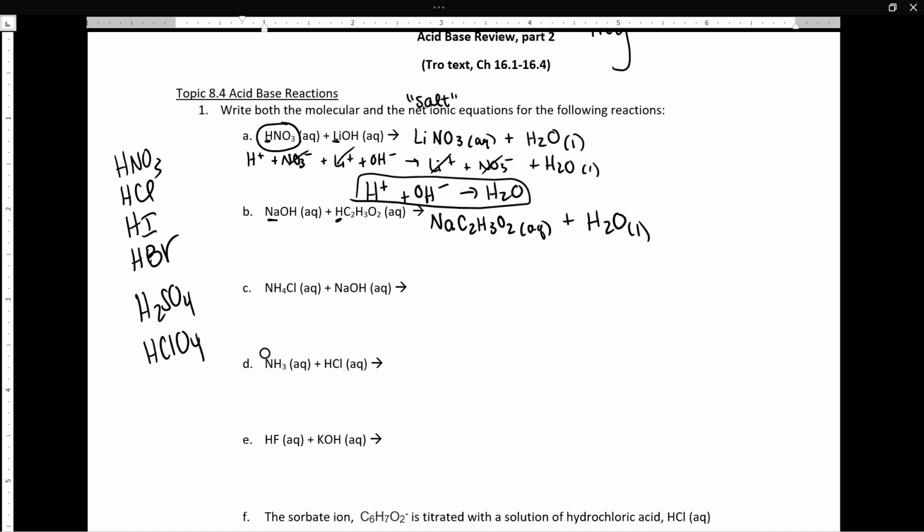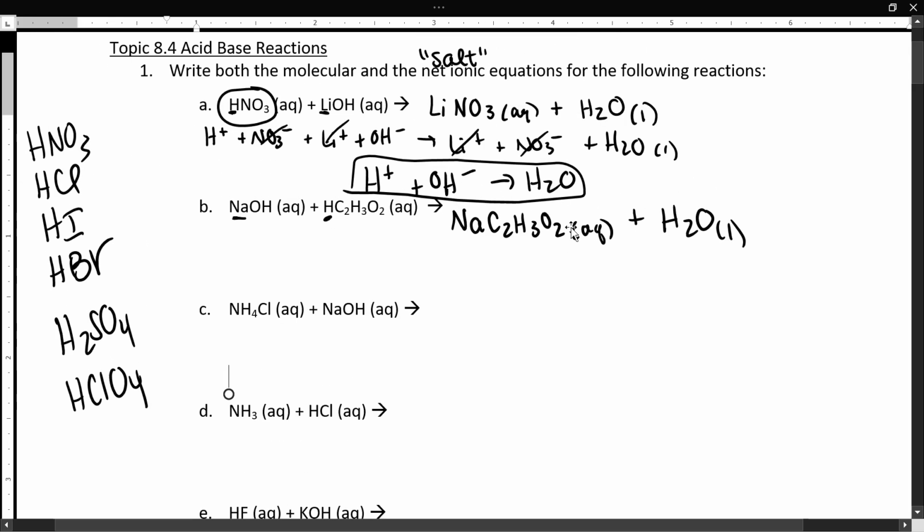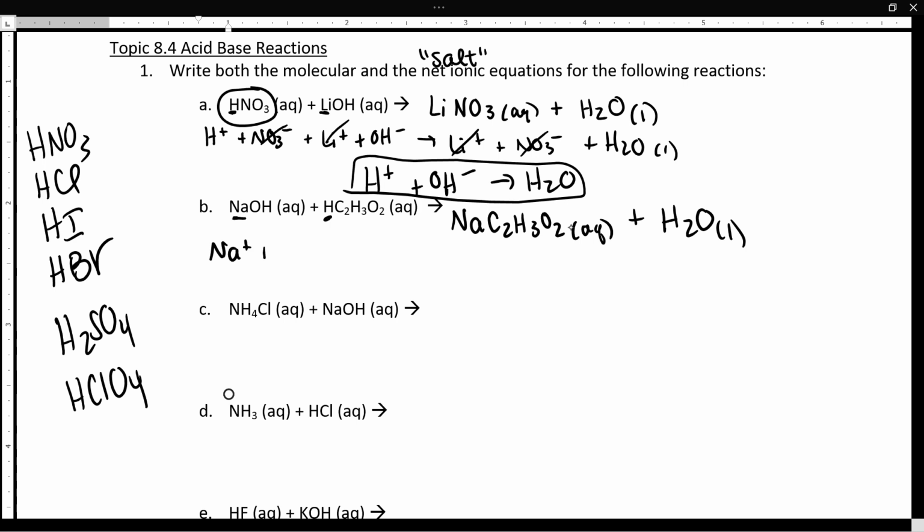And the implications of it not being a strong acid is that it's not going to completely ionize. So when we go through to write the net ionic equation here, my ionic compound is going to ionize. But this is a weak acid, so it is not going to ionize. But then over here, sodium acetate, that's an ionic compound, so that is going to ionize. And then water is a liquid, so it will not ionize.